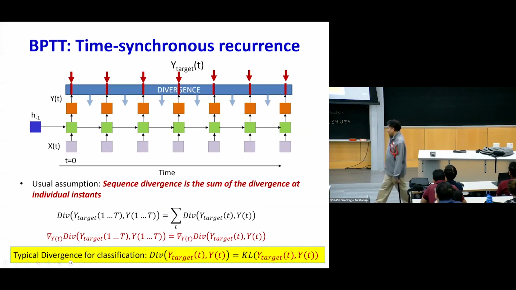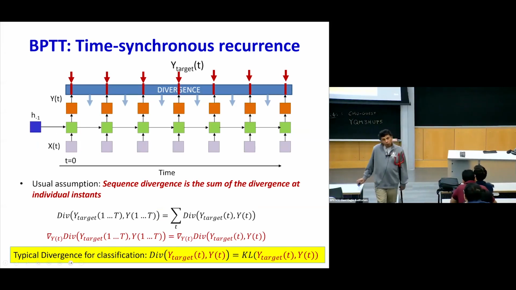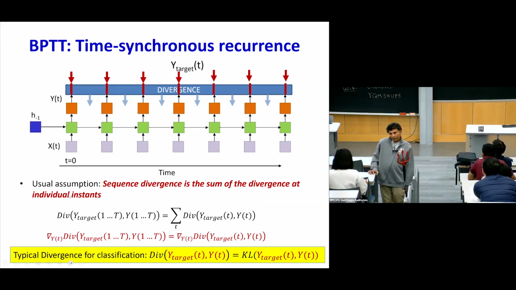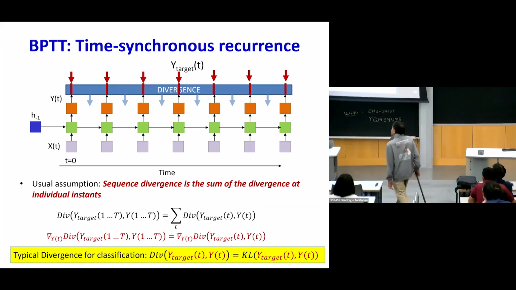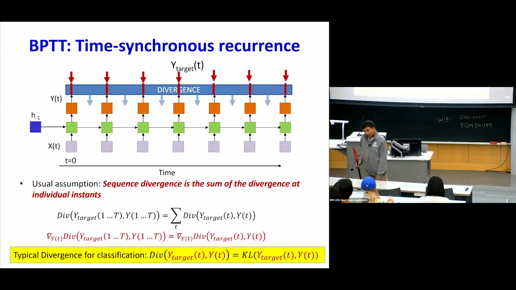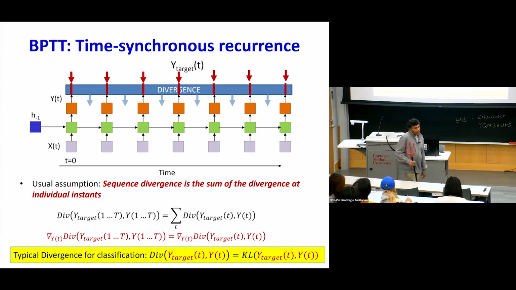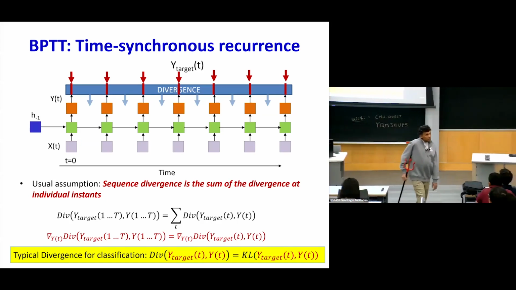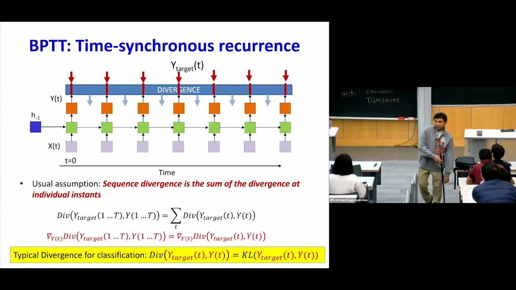Now, again, because you have one-to-one synchrony, it is convenient if your divergence is so defined that it's merely the sum of the divergences at individual instants. If you could define your divergence in this manner, then the derivative of the sequence level divergence with respect to any given output is simply the derivative of the local divergence at that time with respect to the corresponding output.